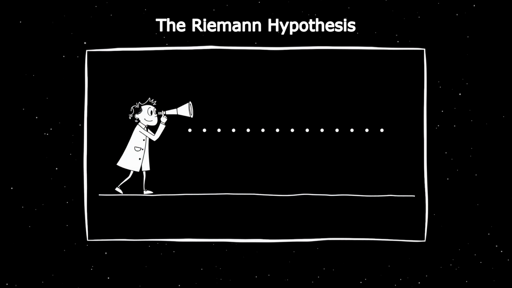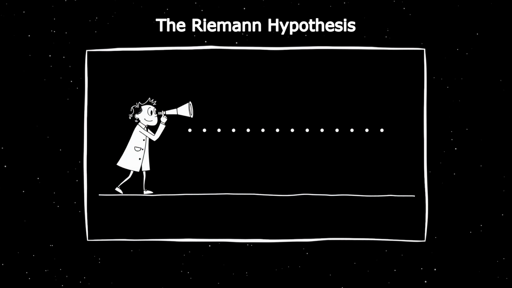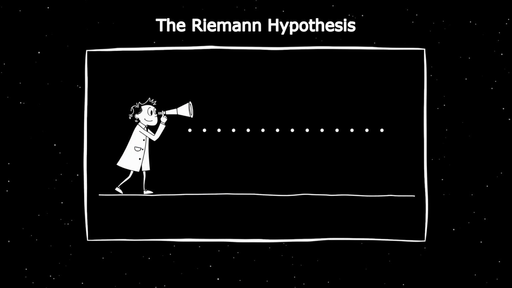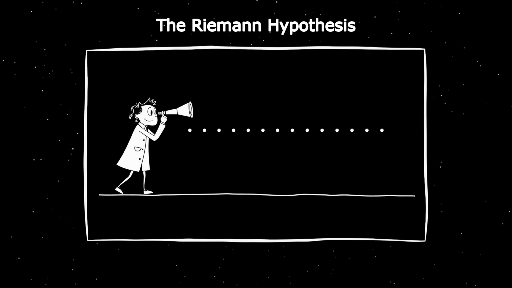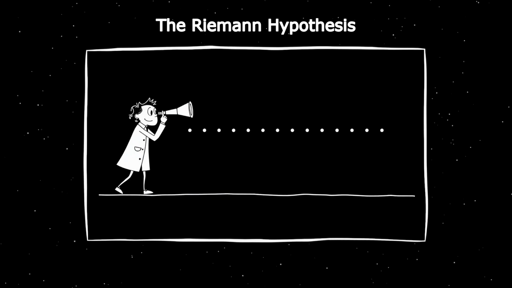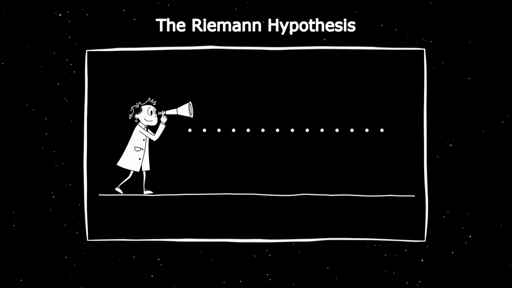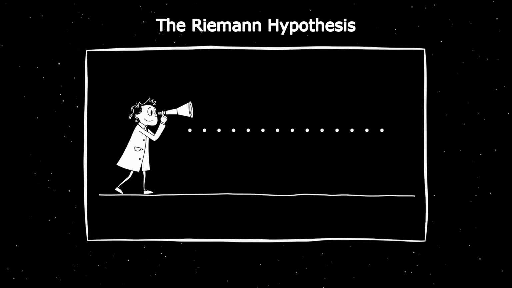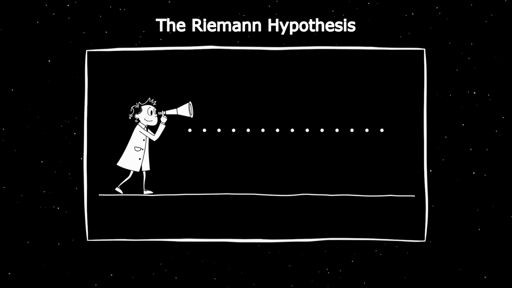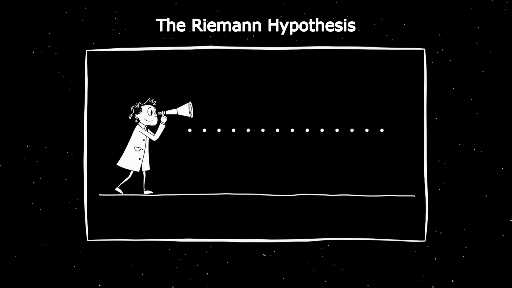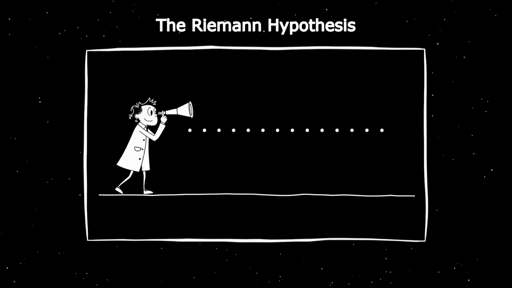Some mathematicians view it as a cornerstone of the mathematical universe, representing the intersection of numerical patterns and complex analysis. Others find it a challenge that invites exploration and inquiry. As they continue to study it, new techniques, new insights, and new connections to other mathematical concepts often emerge.